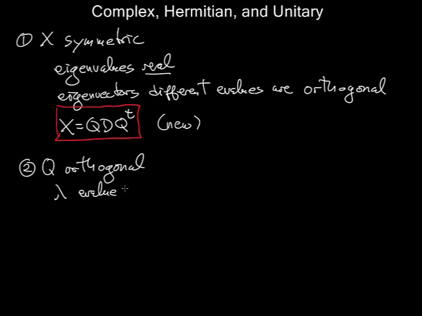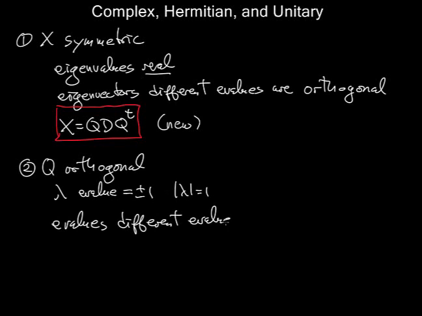What about orthogonal matrices? Okay, the eigenvalues of an orthogonal matrix are plus or minus 1. I don't think we've seen this before. We'll come back and talk about that. And plus or minus 1, I'm going to write as the absolute value is 1. They're real, and the absolute value is 1. Again, eigenvectors with different eigenvalue are orthogonal.